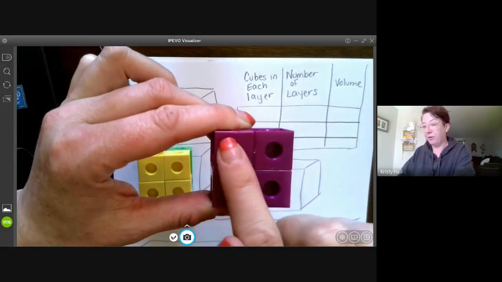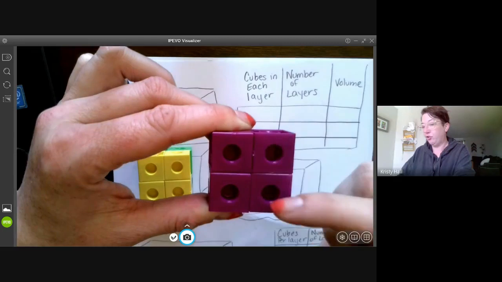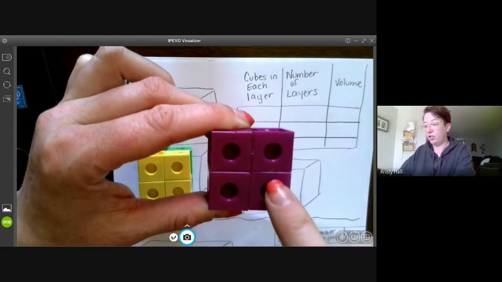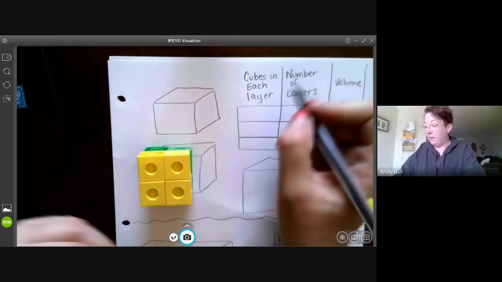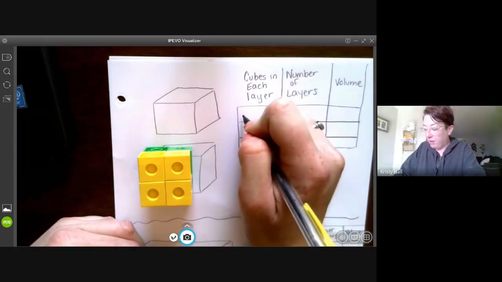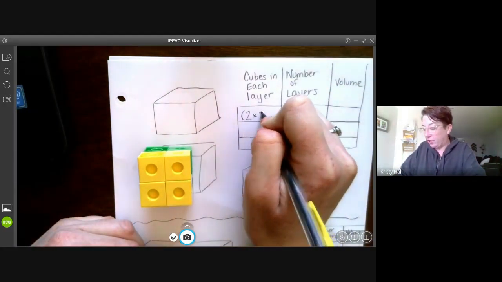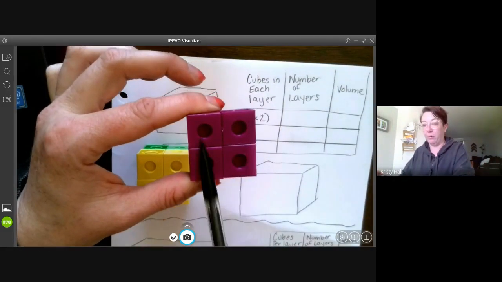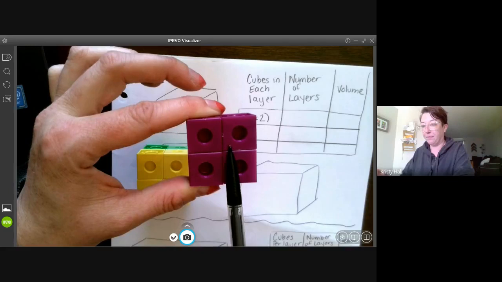So I have a row of 2, and then I have 2 of those rows. So I'm going to multiply 2 by 2. So in my chart here, I'm going to show that as 2 by 2. Because if I multiply 2 by 2, I'll end up with 4, which is what I have here.